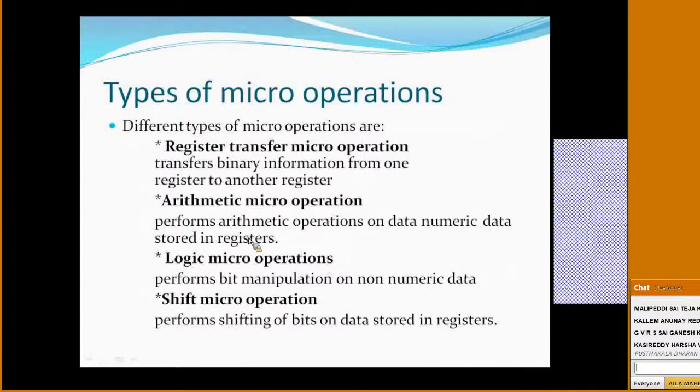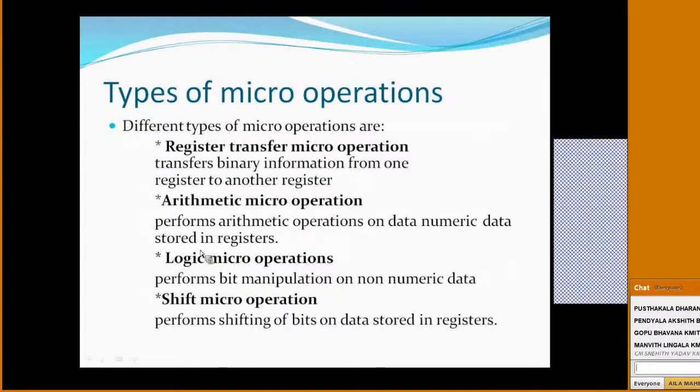When you are performing arithmetic operations on the data in a register, we call it an arithmetic micro operation. Next one is logic micro operation. Arithmetic operations are performed on numeric data present in the register.